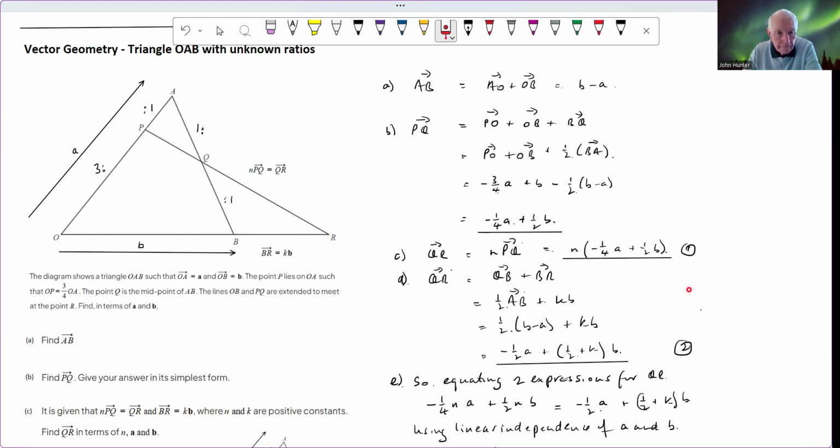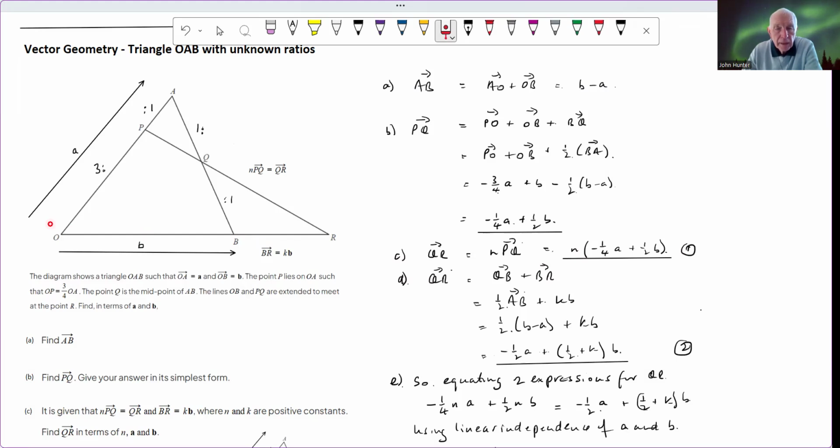So now, the solution to this basically hinges on the fact that A and B are linearly independent. They might not be perpendicular, which is something we're used to in other forms of vector problems, particularly in mechanics.